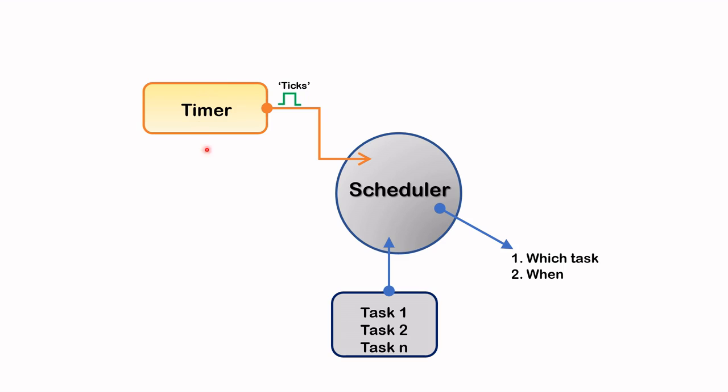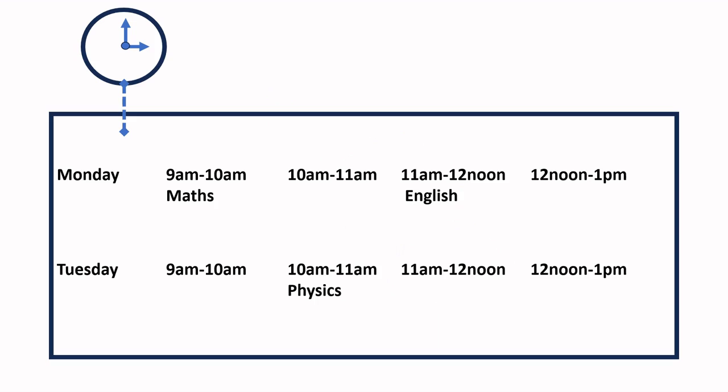Now, the whole process here is very similar to a timetable. So here I have a very simple timetable. Monday 9 a.m. to 10 a.m. we have math scheduled, and then 10 a.m. to 11 a.m. nothing is scheduled, and then from 11 a.m. to 12 noon we have English, and then 12 noon to 1 p.m. nothing is scheduled.